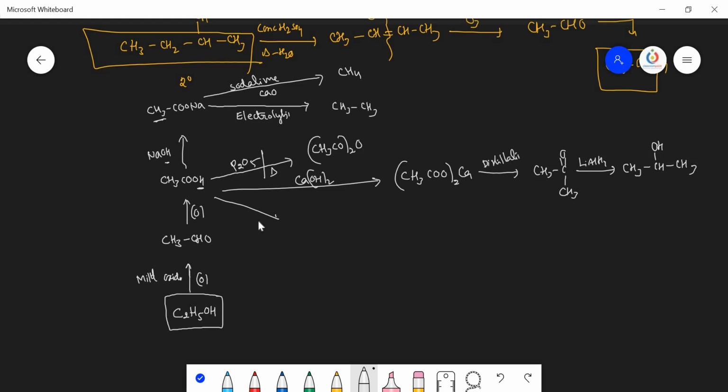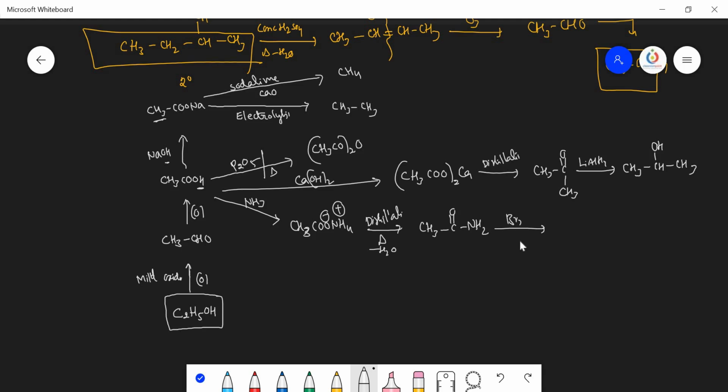Now subject this carboxylic acid to ammonia. Carboxylic acids on reaction with ammonia give ammonium acetate. This ammonium acetate on distillation or heating, the water molecule shall be removed, so you will get CH3CONH2, an amide.